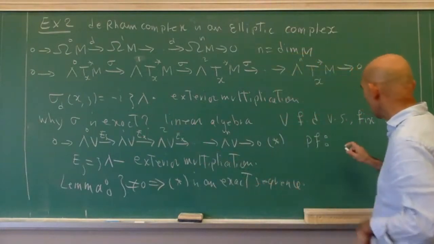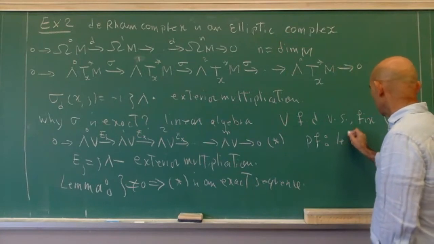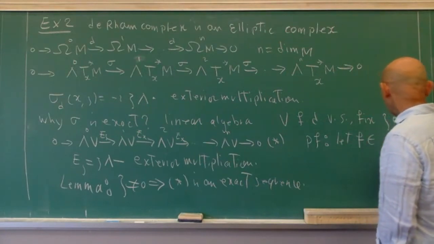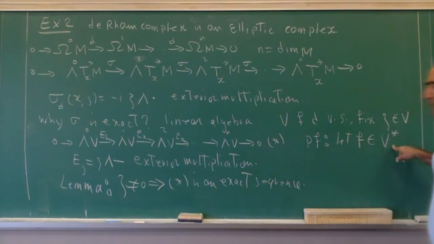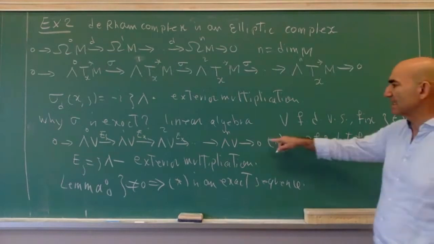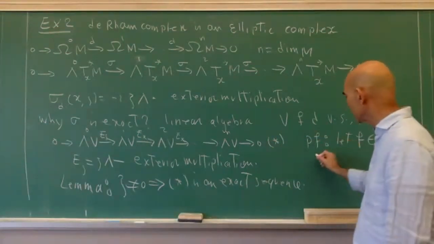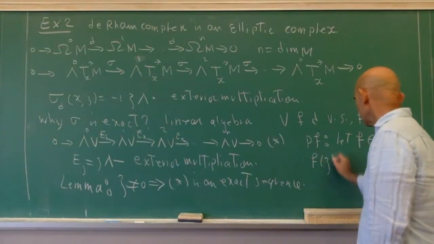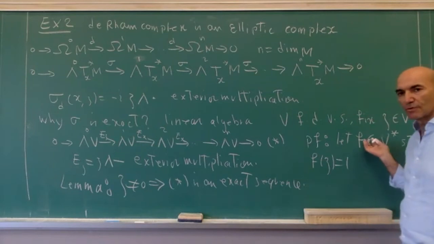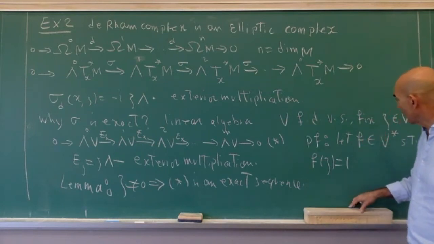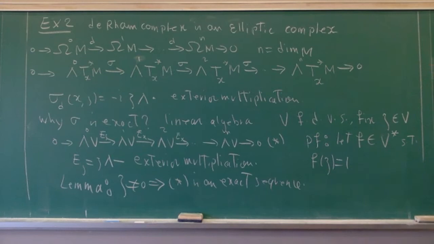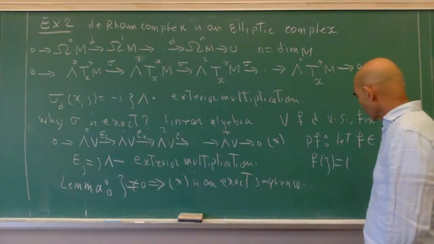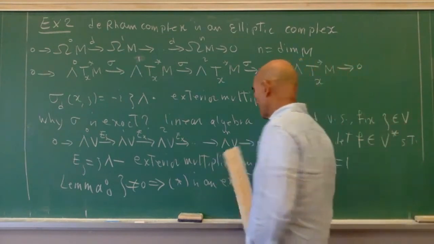So let's start. To start with, let us fix an element f in V star, a linear form on V. The only condition I need on f is that f at c should be 1, or non-zero. Such that f(c) is equal to 1. This always exists, of course. There are so many of these, right? So we can always do that. Then we are going to define operators in this direction.